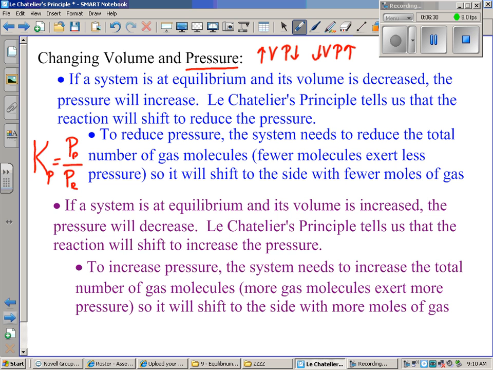If you've increased the pressure on a system that was at equilibrium and you've messed the whole thing up, what the system wants to do is reduce it back down. So if you have too much pressure, it wants to bring the pressure back down. And so what it's going to do is reduce how many actual molecules are in the container. That's the only way it has control over the pressure, would be to reduce the number of molecules it has in its container. So that's how we're going to deal with the whole pressure thing.